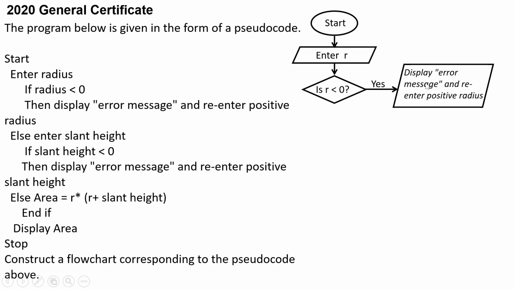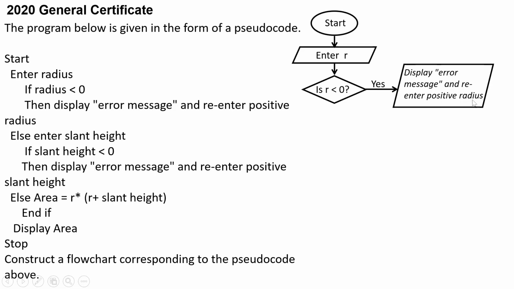The program will display error message and re-enter positive radius, meaning it will guide this person to ensure that they enter the correct value. So once this one is entered, it will be checked. Is it less than 0? Meaning if it is less than 0, that means it will be negative. If it is yes, then it will say display error message and re-enter positive radius.